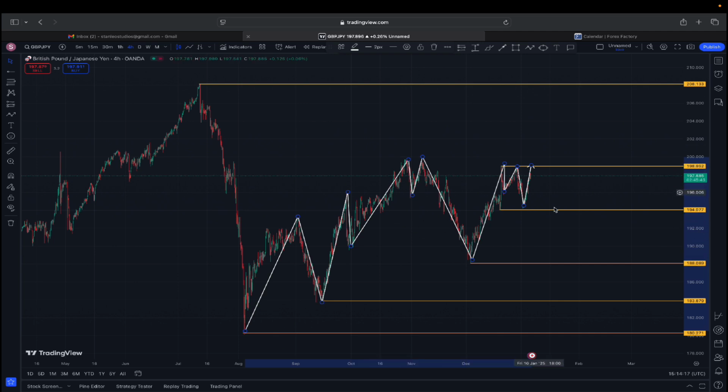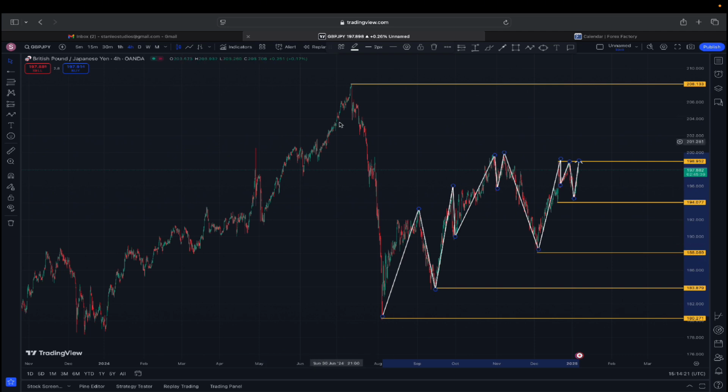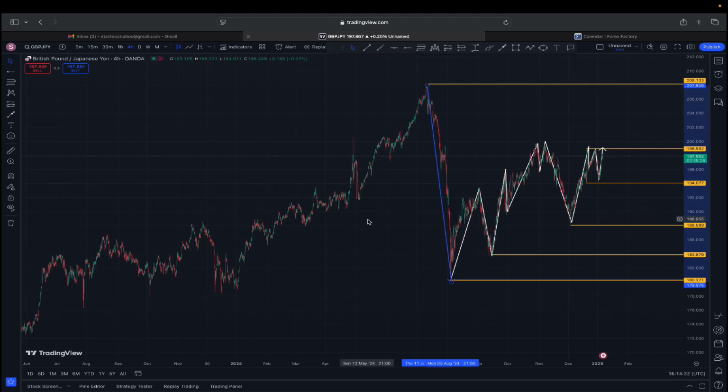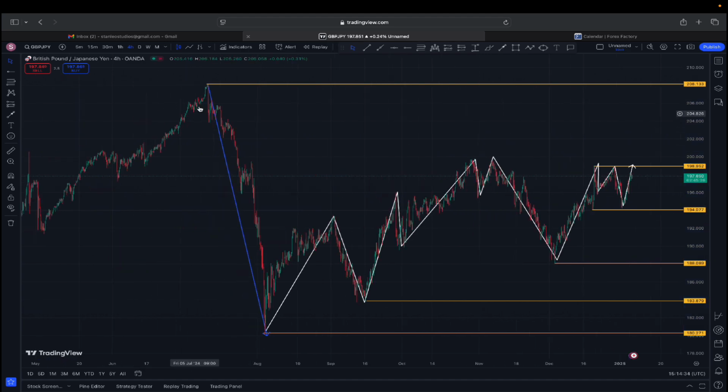What I am seeing here, the market actually pulled down from this place and gave us a very strong sell. We had the correction, a pull down, correction, a pull down, correction, a pull down. These were all sells. That was a bearish movement or a downtrend.